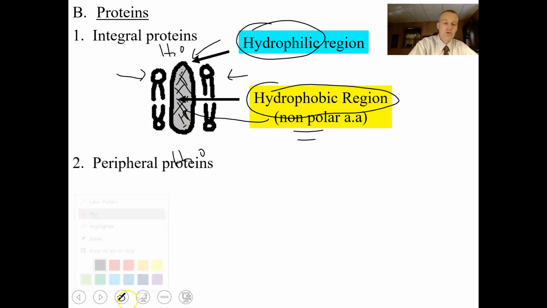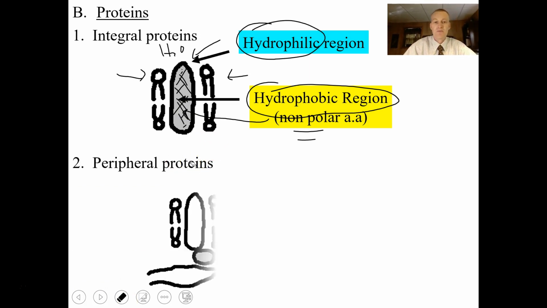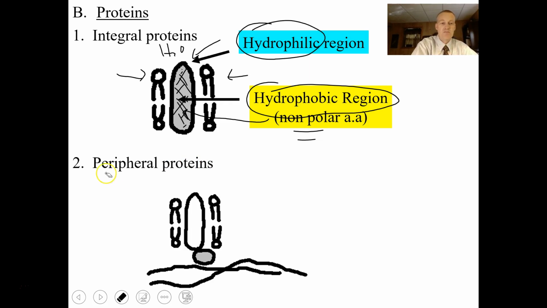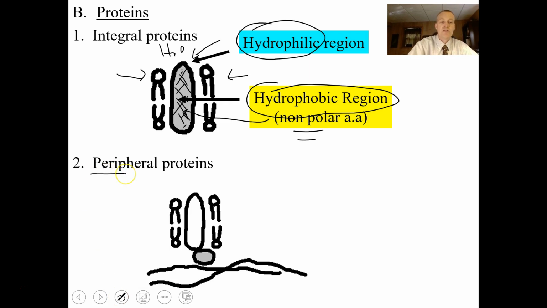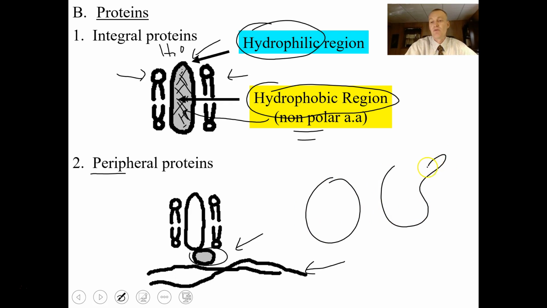There are also peripheral proteins. Peripheral proteins are going to be on the outside surface. Peri means around. So on the outside surface you can have some of these proteins, and here's one right here. What this protein is doing in this particular example is anchoring the cell membrane to the cytoskeleton. Since you have anchorage of the cell membrane, you can do things like change the shape of the cell membrane.